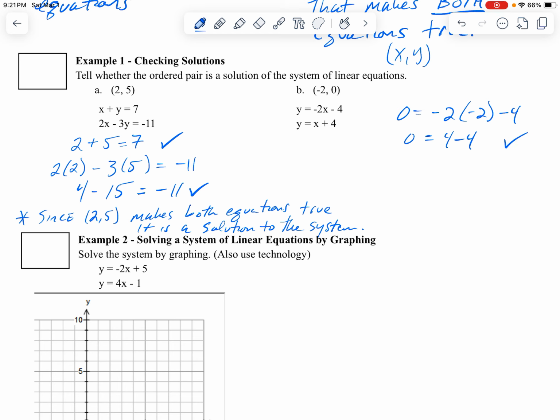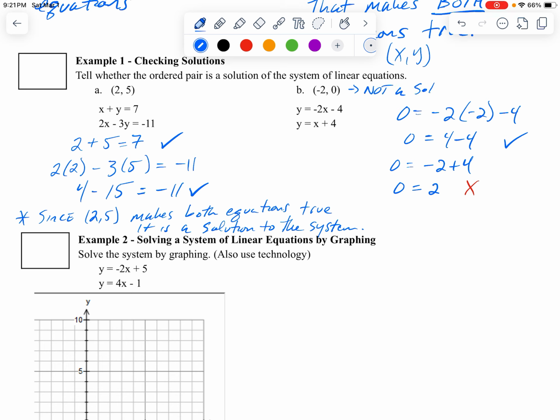True. 0 equals negative 2 plus 4. That is not true. This would be 0 equals 2. Okay, so this is not true. So we would say that this is not a solution to the system.